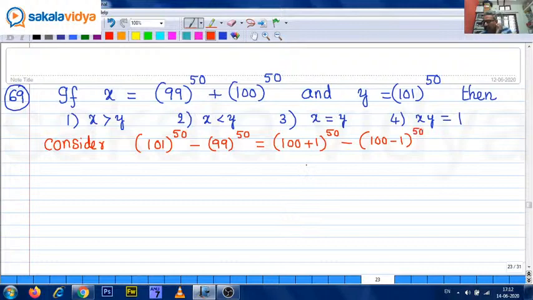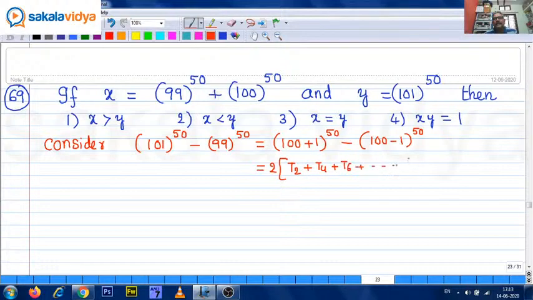Here we get 2 times the even terms of (x plus a) to the power of n minus (x minus a) to the power of n, that means t2, t4, t6 and so on.